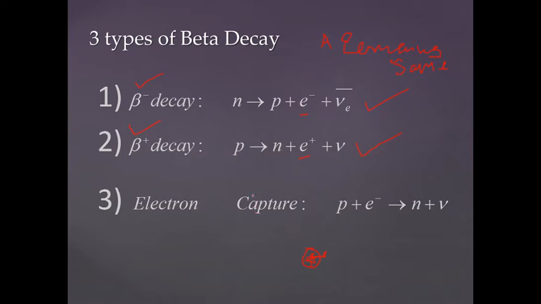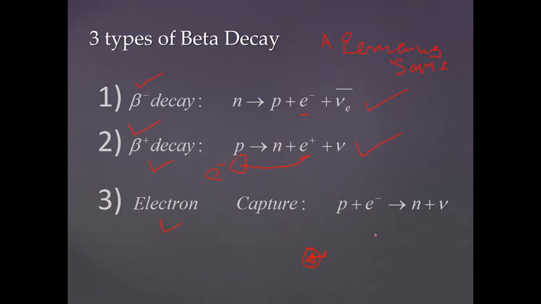Electron capture and beta plus decay, the net result is the same, and we'll see this because you can see that this positron, if it comes to this side, then its sign changes to e minus. So this equation can be rewritten in this form. So this is an electron capture. The net product daughter is the same. Please understand this. The daughter is going to be the same in beta plus and electron capture.